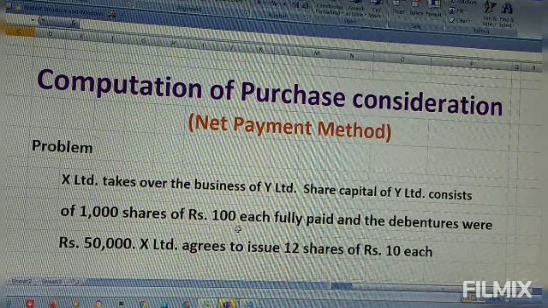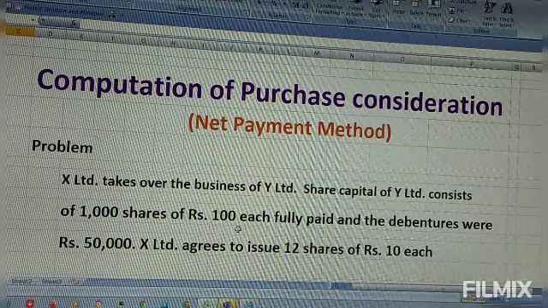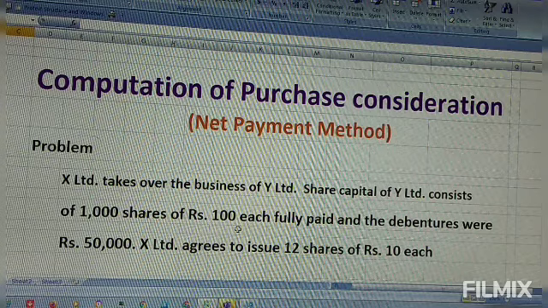The transferee company gives to the transferor company some amount in the form of agreed values of shares, debentures and cash paid. Cash is paid by the transferee company to the transferor company, that you have to keep in mind. But it does not include the liabilities directly paid by the transferee company, because it is a net payment method.